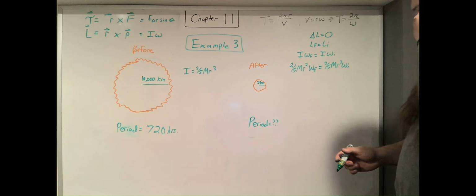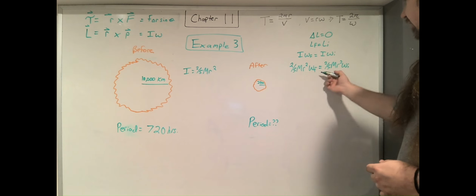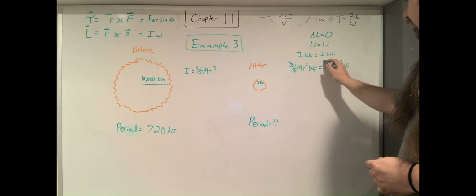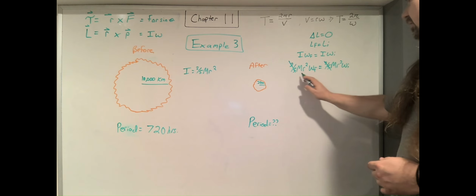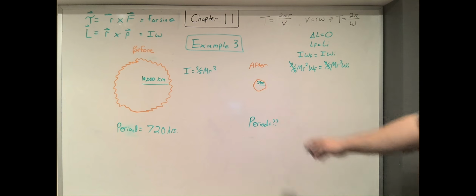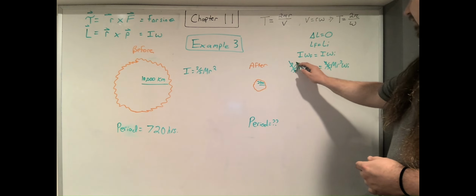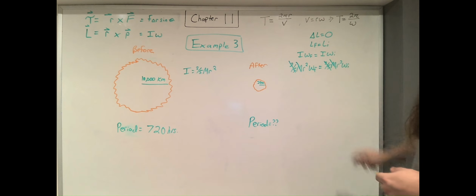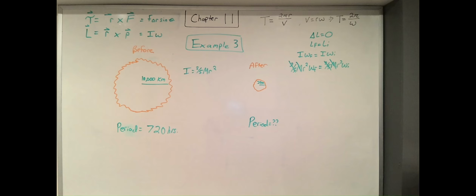Now I've got a 2/5 on both sides of my equation here. I'm going to go ahead and just cancel those out. I also have an m on both sides of the equation. The mass remains the same. It's not losing any mass. So the mass in the beginning is the same as the mass in the end. So we can go ahead and cancel that out, which is good because it wasn't given in the problem.